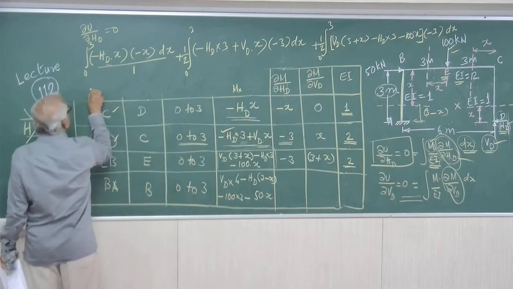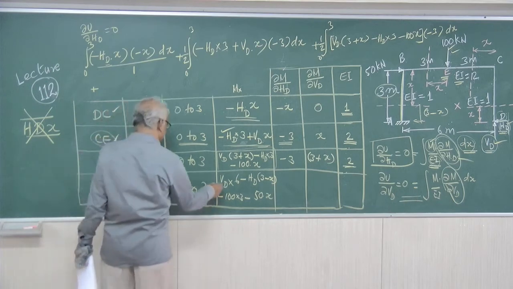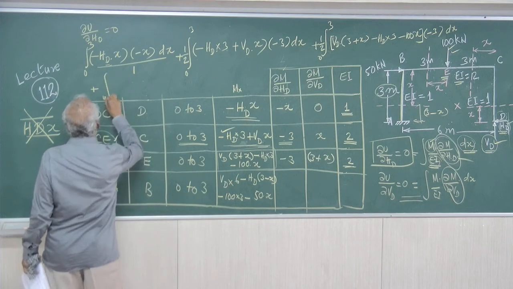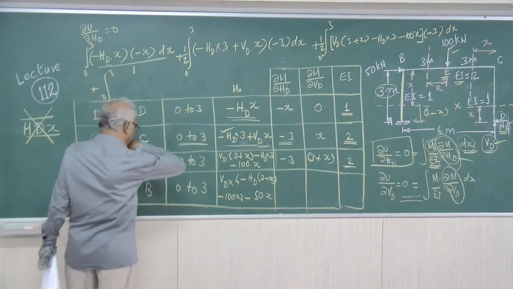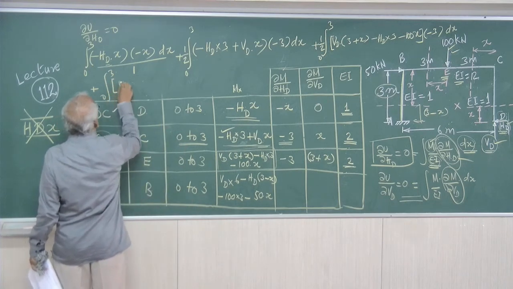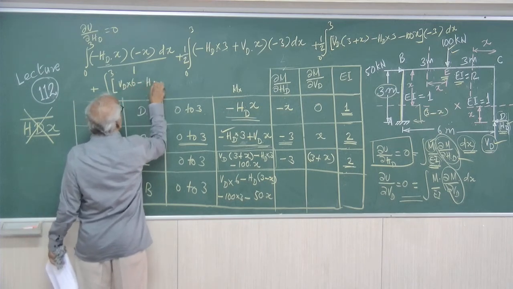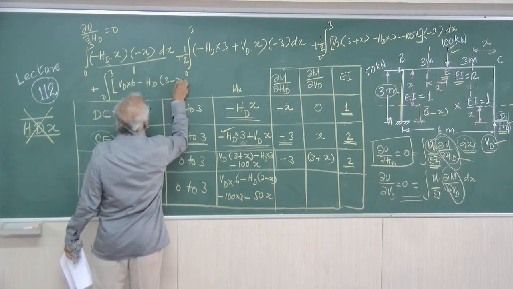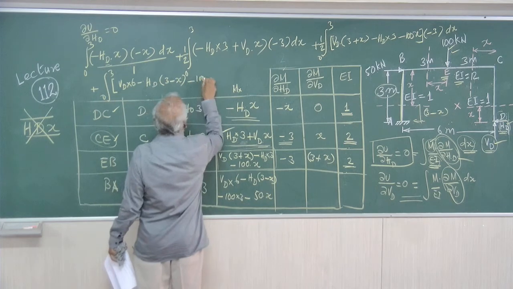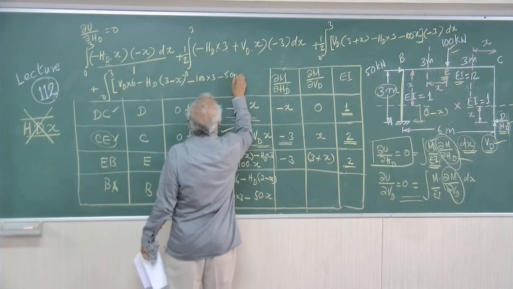Plus, next is again Mx, limits 0 to 3: Vd into 6, minus Hd into 3 minus x, minus 100 into 3 minus 50 into x.